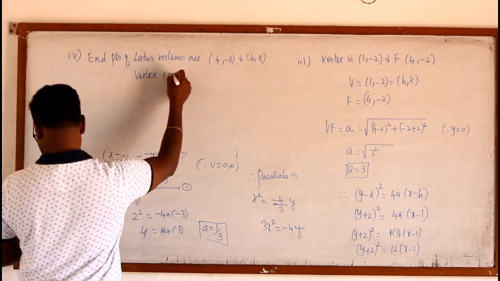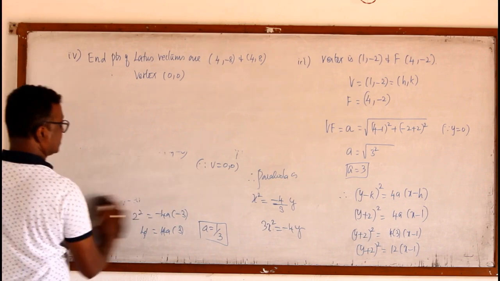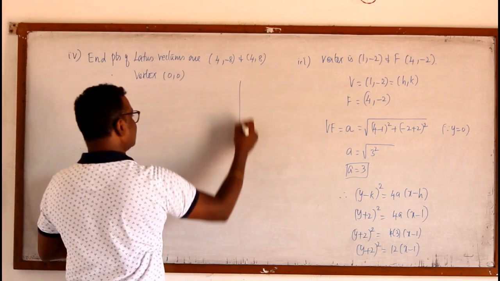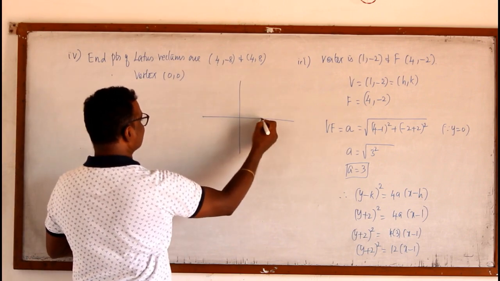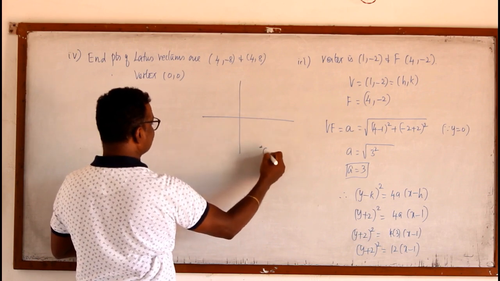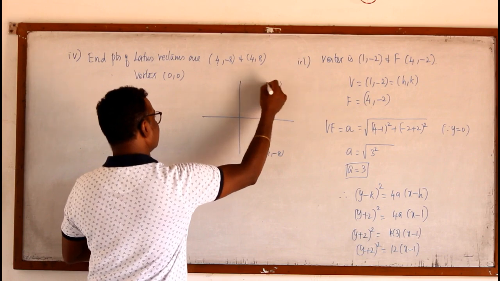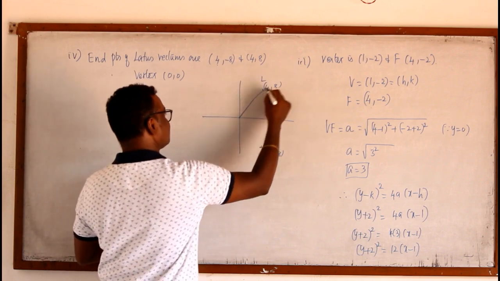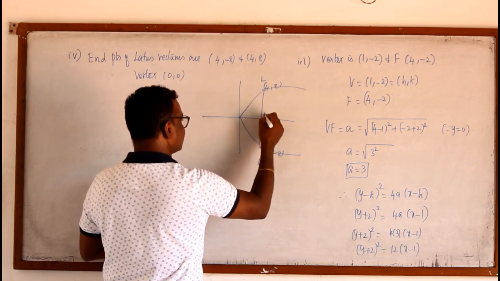Vertex is (0, 0). Now, how will these points be? (4, -8) means x is 4, y is -8. Maybe somewhere here. And another one is (4, 8). These are the endpoints of the latus rectum, meaning the curve is passing through these, isn't it? And when I join, this will be the focus.